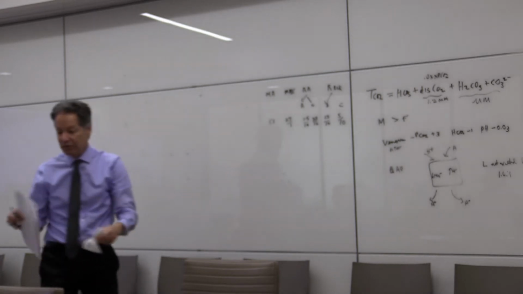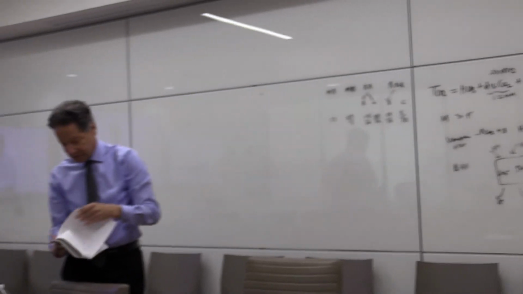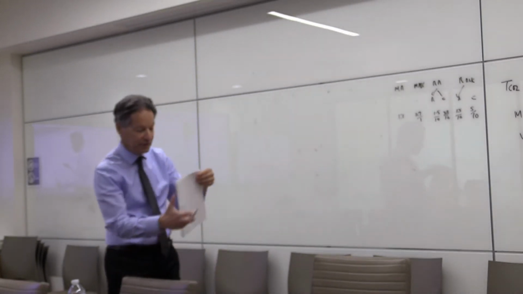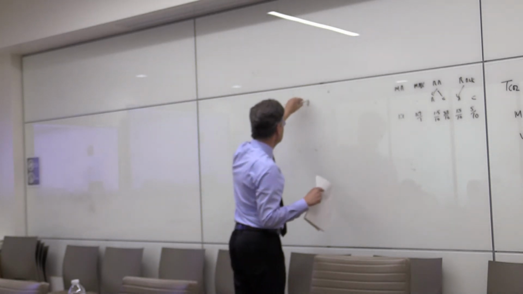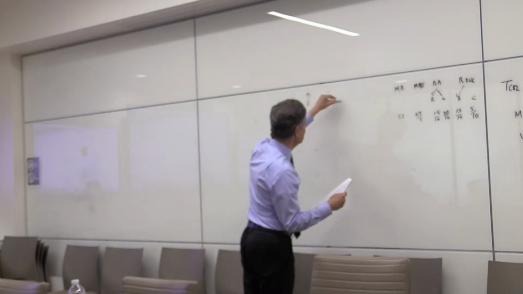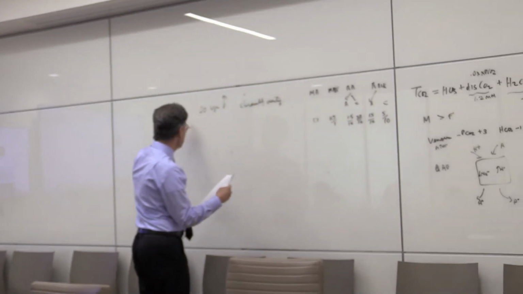Okay, so with that, let's go to the first patient. So this is a 20-year-old male who was chronically vomiting. And had these numbers.